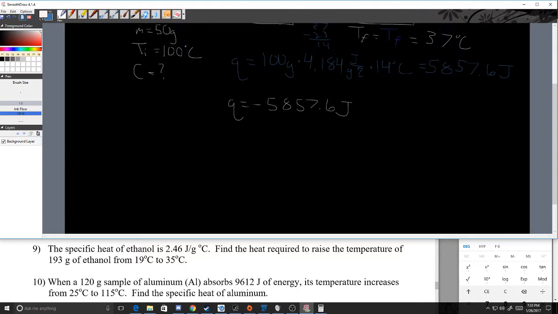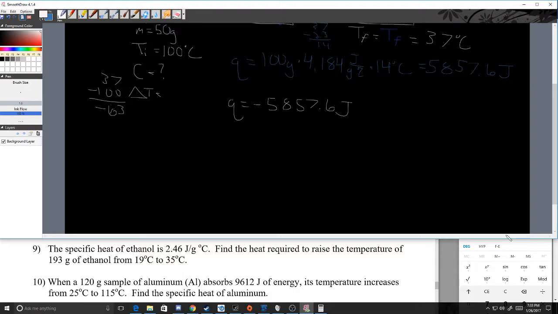All right. Scroll up a little bit. We know the mass of the block was 50 grams. It started at 100 degrees Celsius, ended at 37. So the change in temp of the block is 37 minus 100. I'm going to guess negative 63.